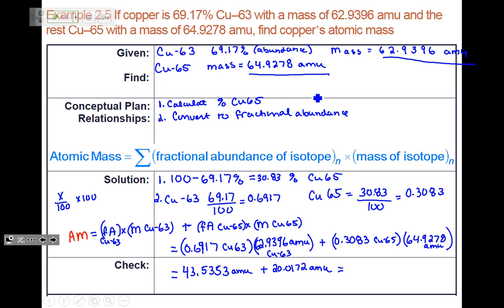So this has 4 significant figures times 6. Remember, we're multiplying, so that's our least number of significant figures. So that should be in 4 significant figures. This one has 4 significant figures times, again, 6. So our least number is 4, because we're multiplying.